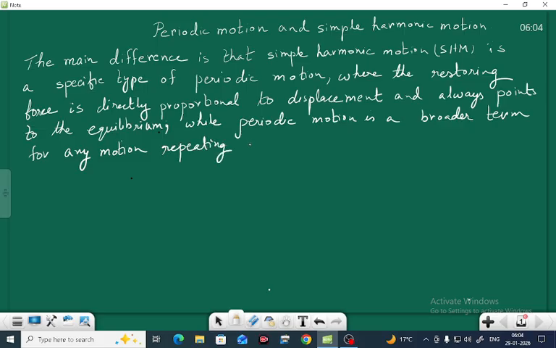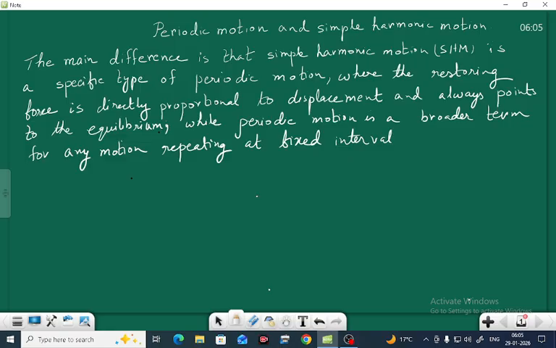So these are the things we can find the difference between the two.